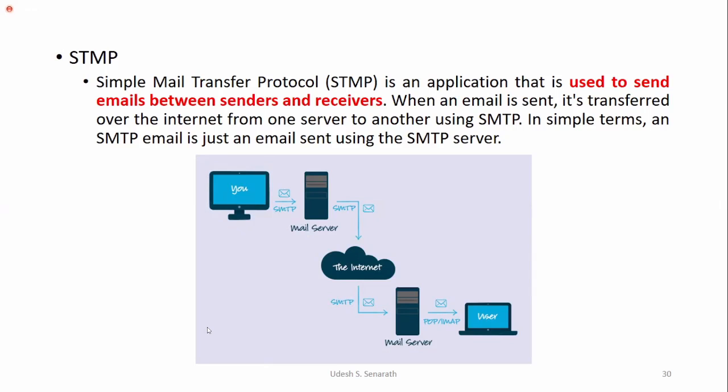You must use SMTP, or it is automatically used. SMTP is automatically applied, so you don't have to choose whatever email sending protocol you want. It is by default there. You cannot change. There is only one protocol to send emails.